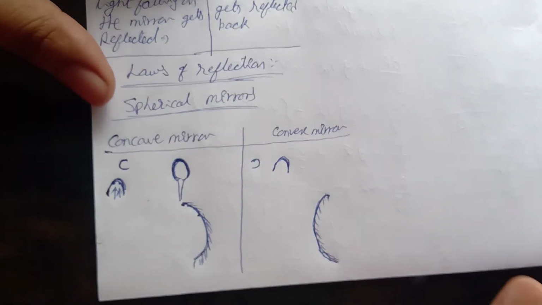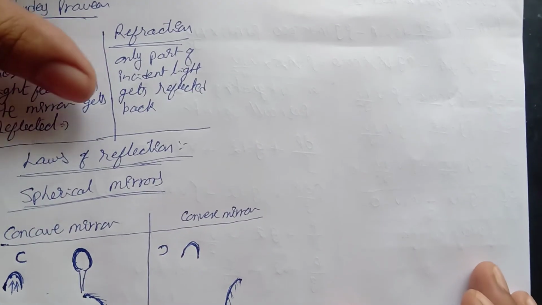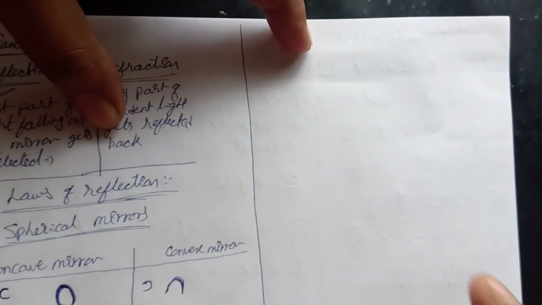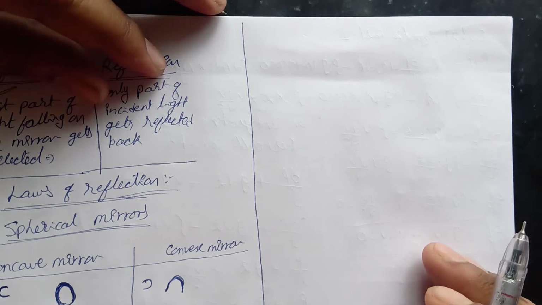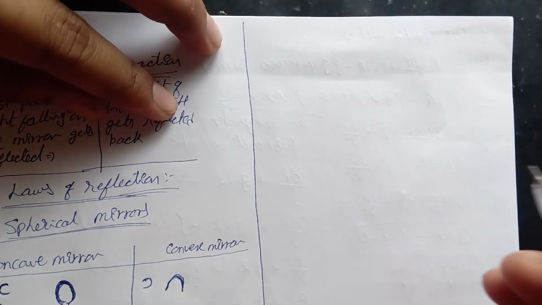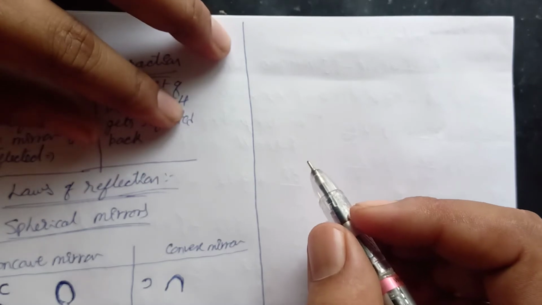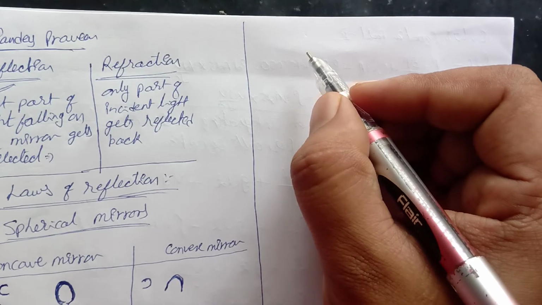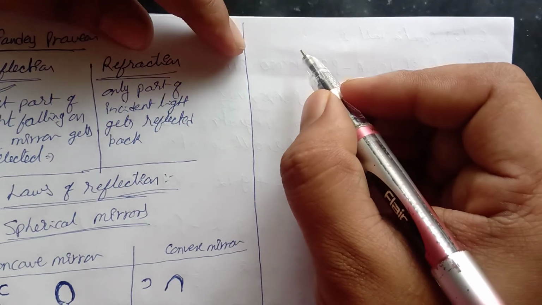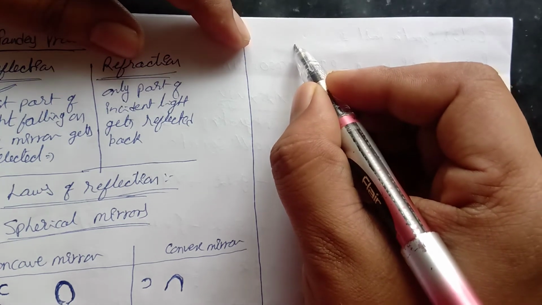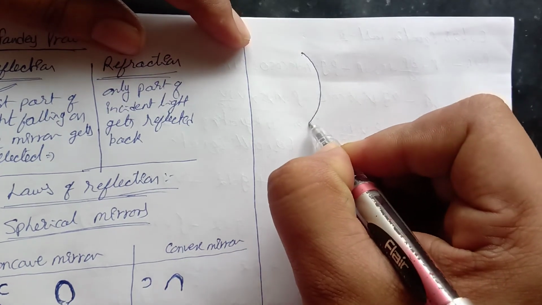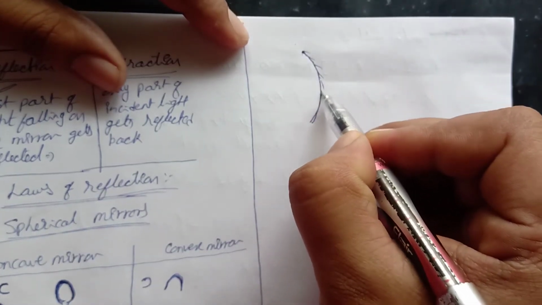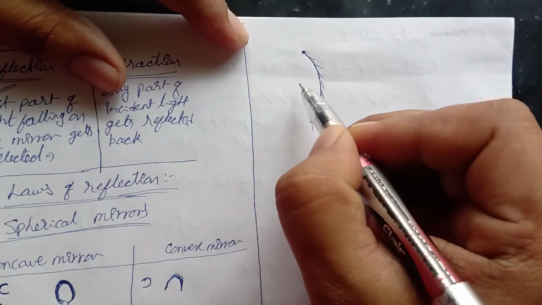Now these mirrors, concave or convex, have some parts. Let us see those parts and from where they reflect the ray. Let us draw a concave mirror first. If this is my concave mirror, this is its lined part, and this will be my reflecting area.